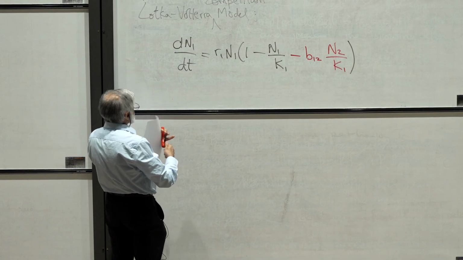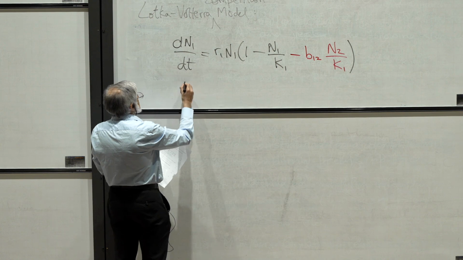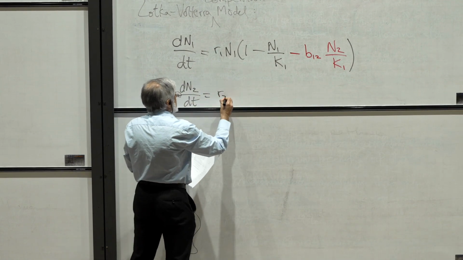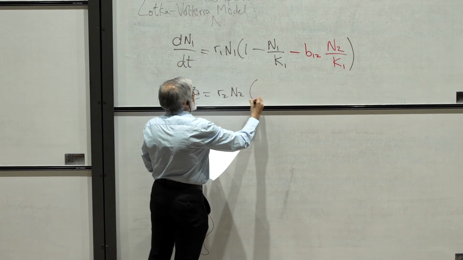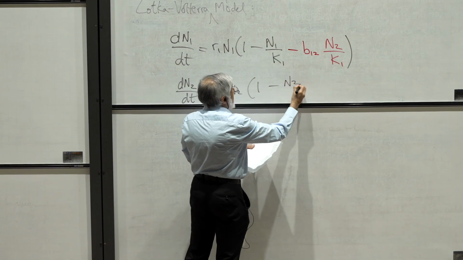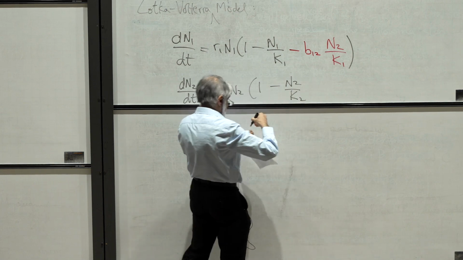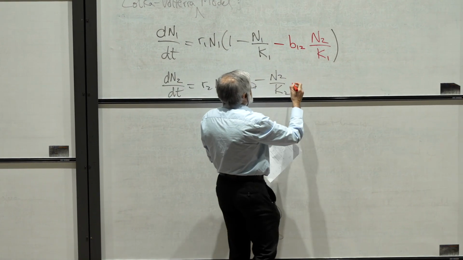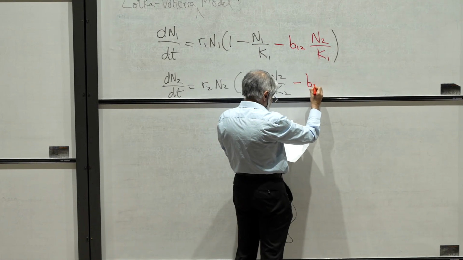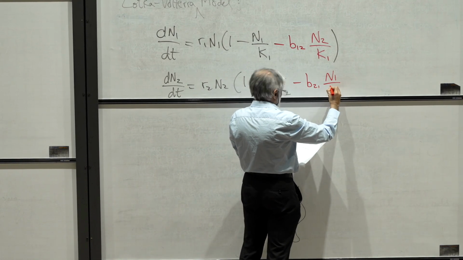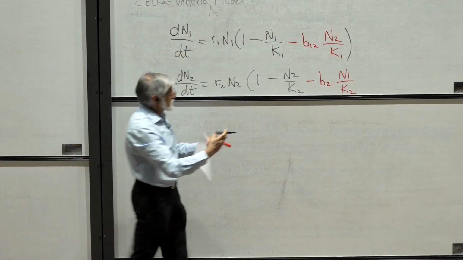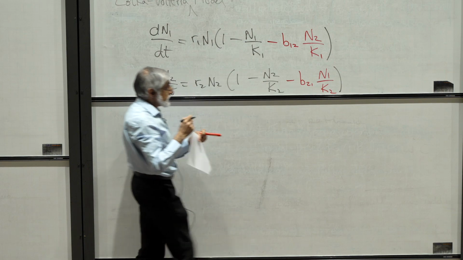And then the same sort of thing: dN2/dt equals r2 N2 times (1 minus N2 over K2). That would be just logistic growth. And then we've got a minus b21 N1 N2 term. That's the competition.